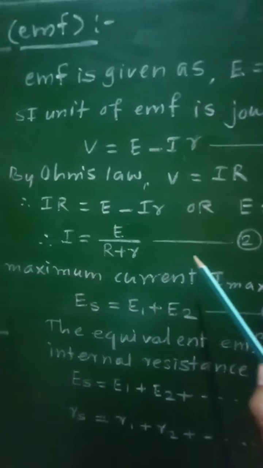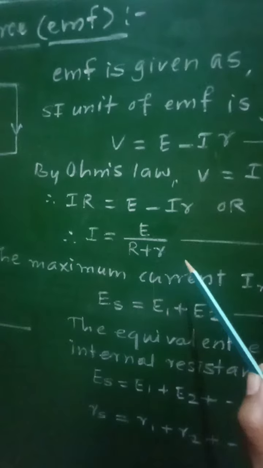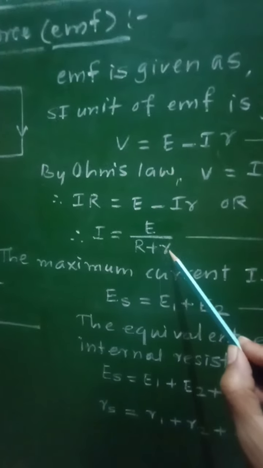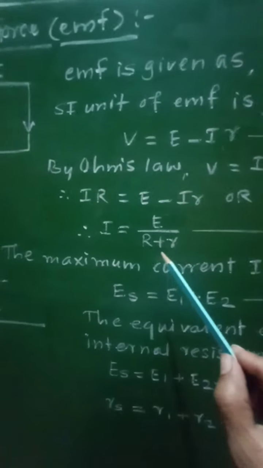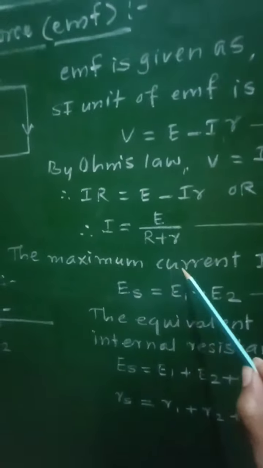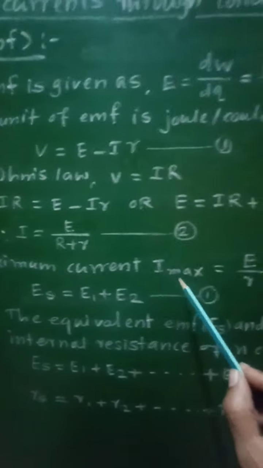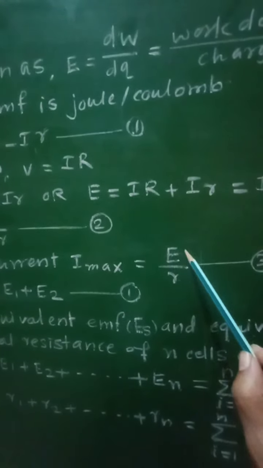So I is equal to E upon R plus r. This relation gives the maximum current that can be drawn from the EMF device.